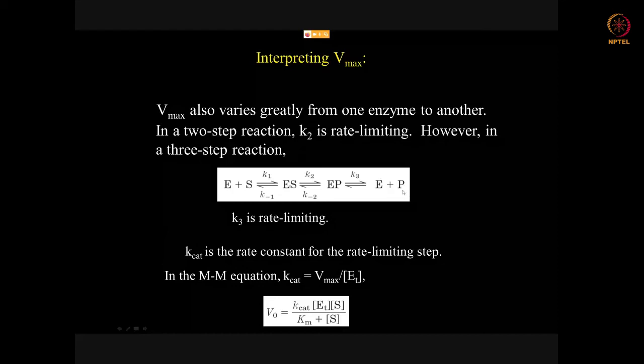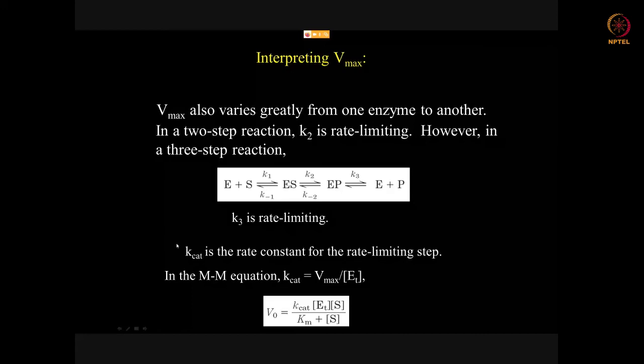And if you have more, K4, K5 and so on, then whichever one is rate limiting, that rate limiting step's rate constant would be the K-cat. Okay, so K-cat is the rate constant for the rate limiting step. In this particular case, it is K3; in the earlier examples we considered, it is K2, which is rate limiting. So the rate limiting step's rate constant is what is K-cat.